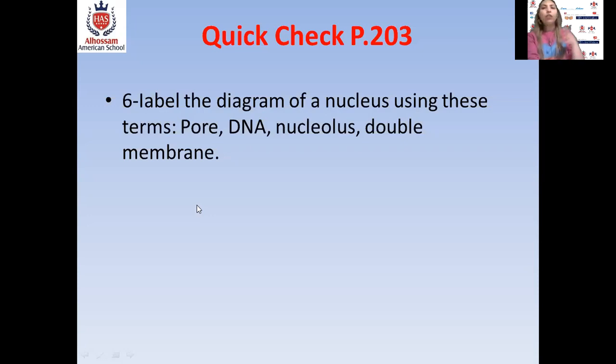Starting from the upper part, left side, nucleolus. Under the nucleolus will be the double layer, the double membrane. From the right side, the upper one will be DNA, and the lower one will be pores. So you can see this structure. Is it clear, guys?